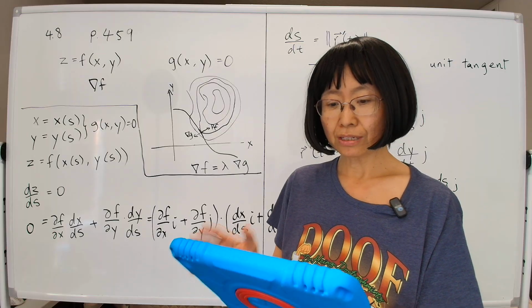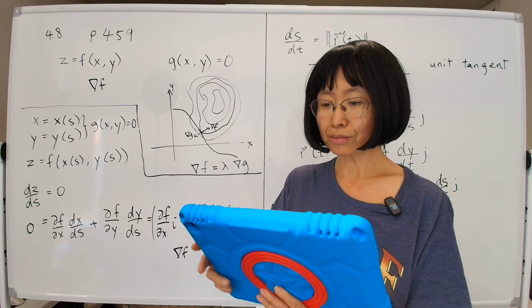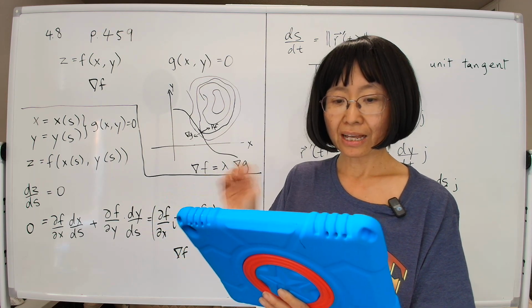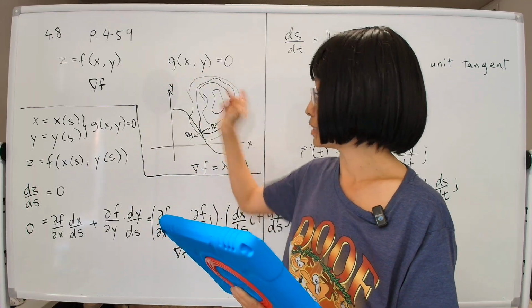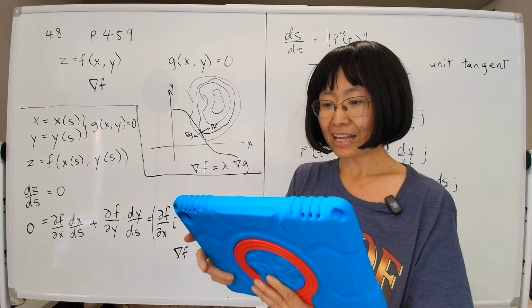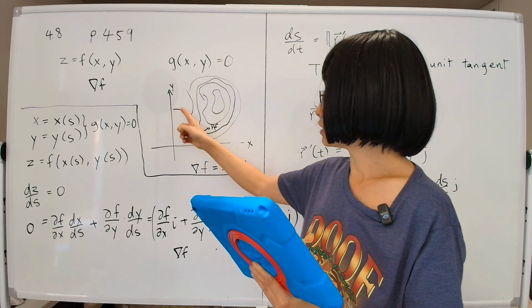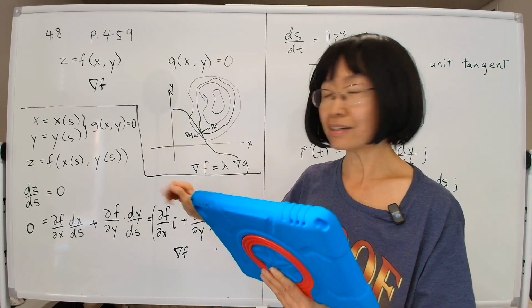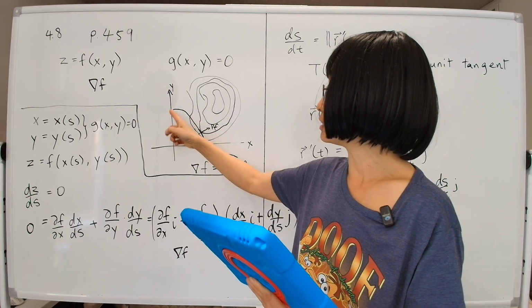If f and g are functions of two variables each, they have continuous partial derivatives on some open set that contains some smooth curve g(x,y) equal to 0.